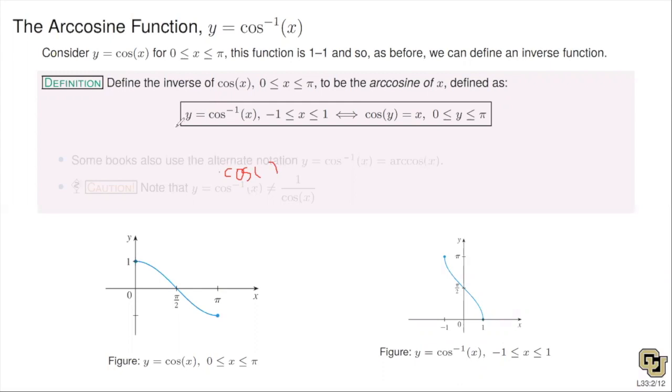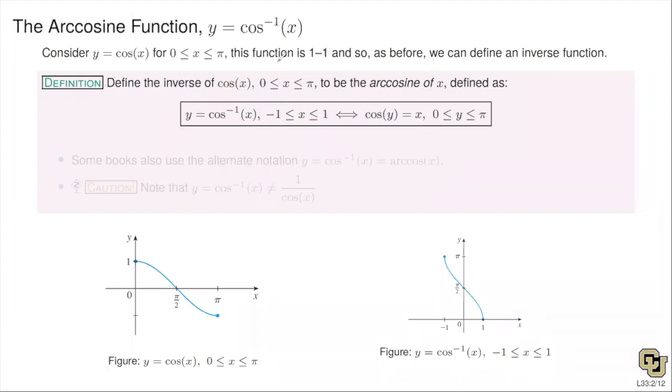What I want to do is apply cosine to both sides of this equation. Then cosine of y gives me the cosine of y part here. Cosine of the arc cosine of x is going to be x because cosine and arc cosine are inverses and they undo each other. That's basically just the property of inverses.